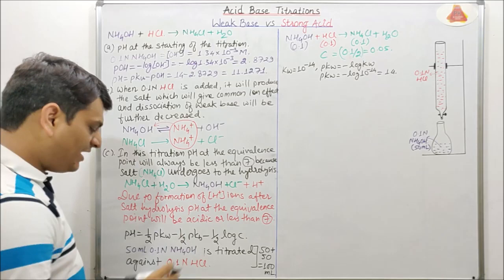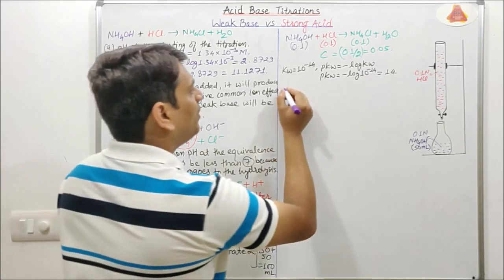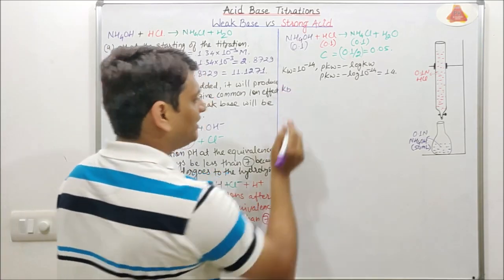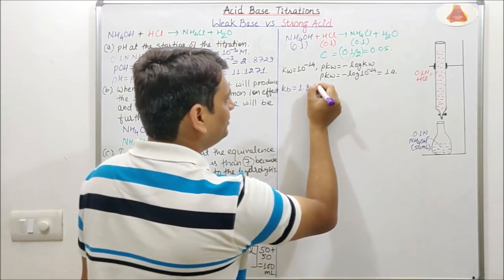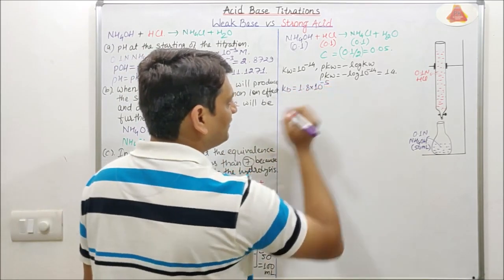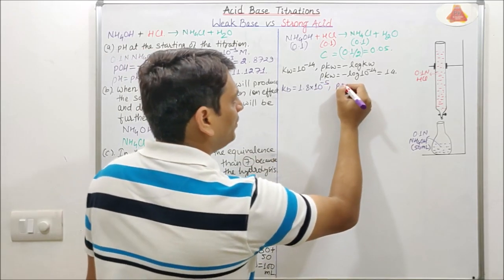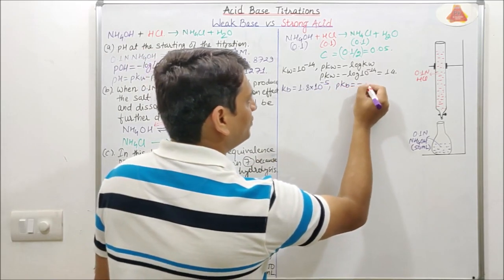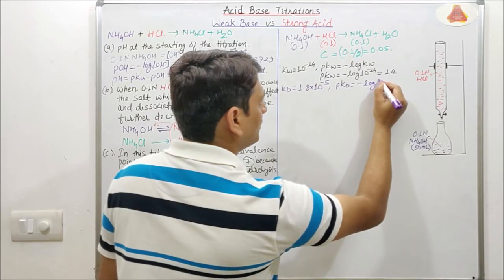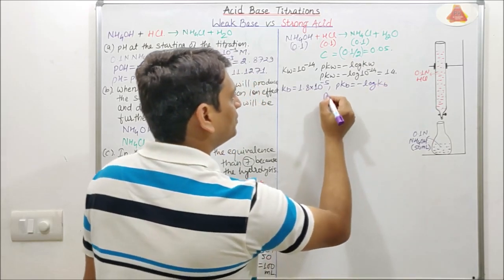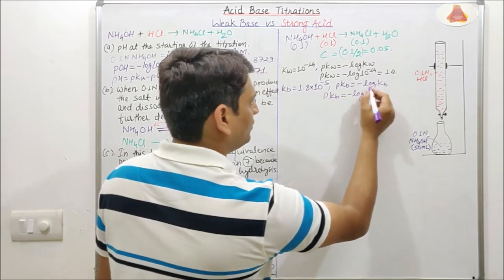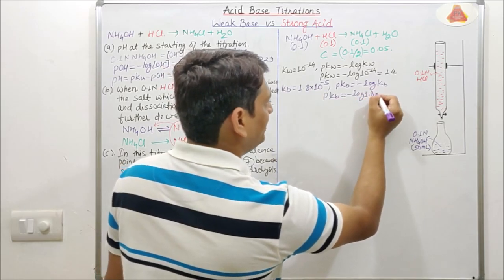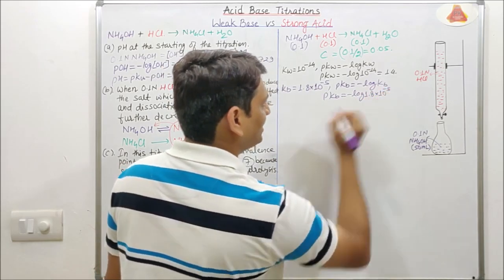Now coming to the pKb value. So Kb value for NH4OH is equal to 1.8 into 10 to the power minus 5. So pKb is equal to minus log Kb. So pKb is equal to minus log 1.8 into 10 to the power minus 5.